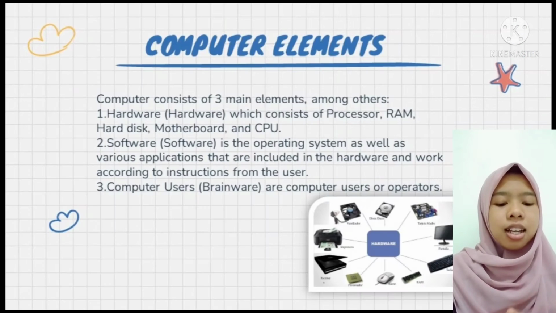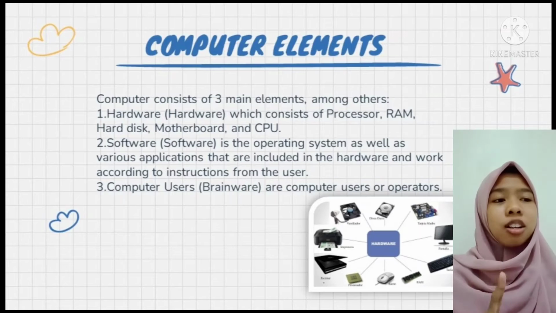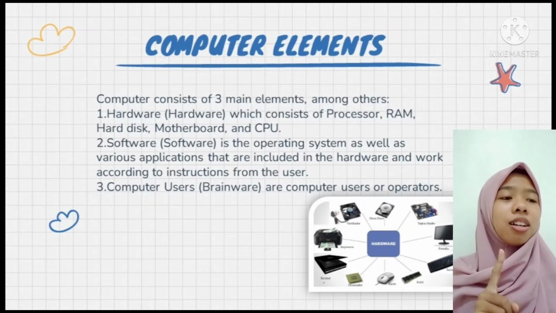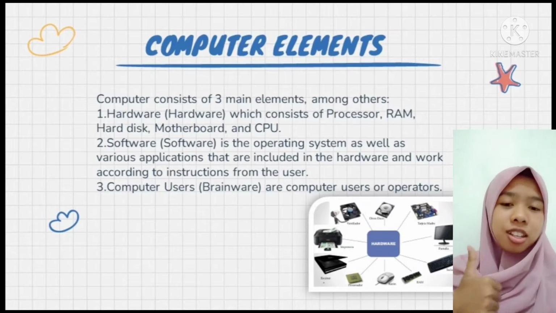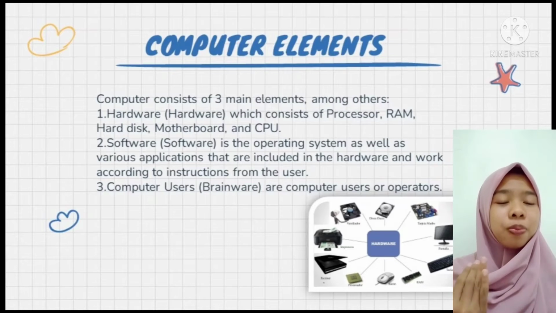Right, let's move on to the second part. In this part, I will explain about computer elements. Computer consists of three main elements, among others. 1. Hardware, which consists of processor, RAM, hard disk, motherboard, and CPU. 2.